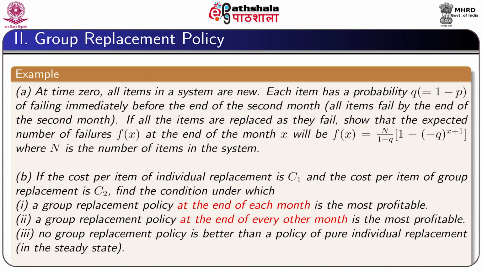Now, we will take an example to demonstrate the policy. At time 0, all items in a system are new, and each item has a probability q, which is 1 minus p, of failing immediately before the end of second month. That is, all items fail by the end of second month.